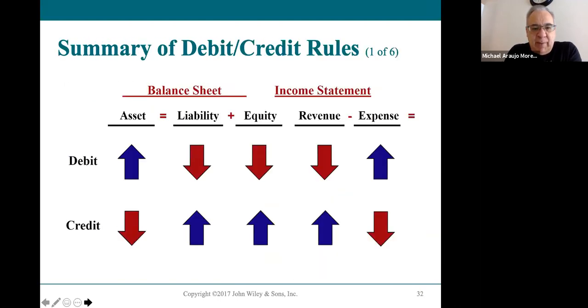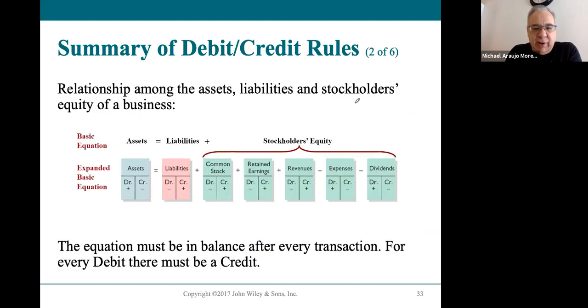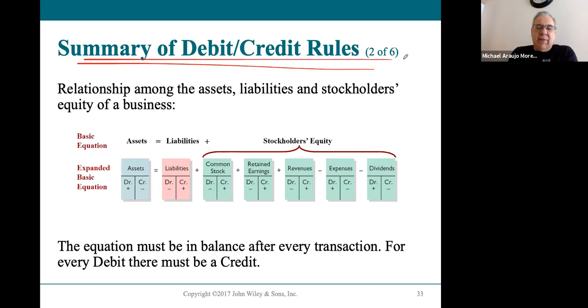So there's a bunch of debit and credit rules. That's okay. This is my favorite illustration in the book, because I think it is very, very helpful to have it. And here they show you the basic equation: assets equals liabilities and stockholders' equity. But then you know that we expanded stockholders' equity to include the income statement and the retained earnings statement.